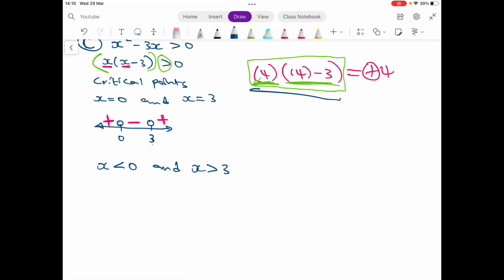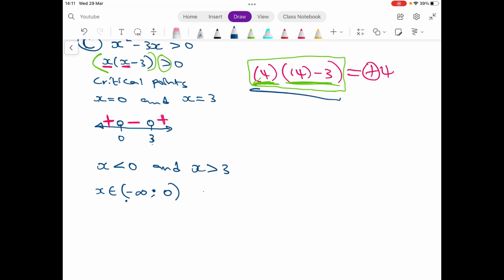You can also write it in another way, like this: x is an element of from -infinity up to 0. For the infinity sign, we always use the circular brackets. With the infinity sign, there's no need to indicate whether or not you're including the infinity. You always use the circular brackets.